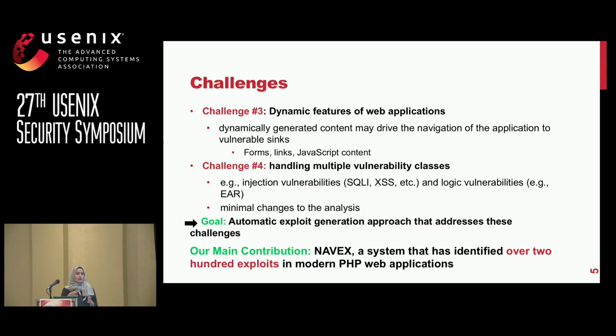And we want to achieve this goal with minimal changes to the analysis. So the goal of this work is to develop an automatic exploit generation approach that addresses all these challenges.